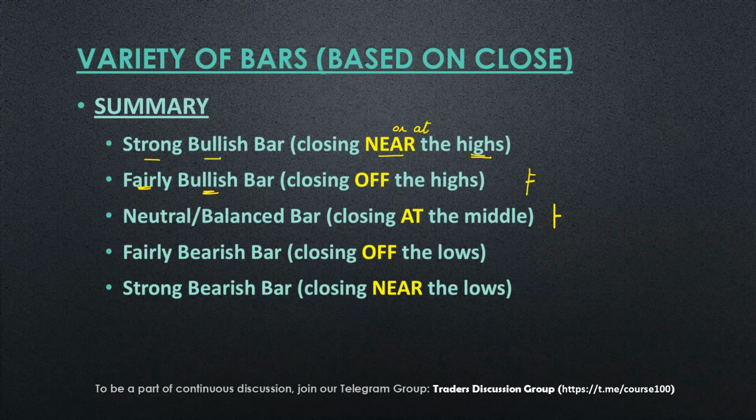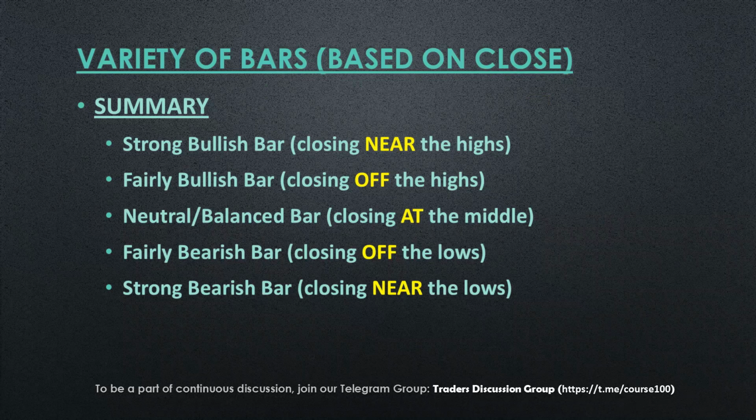Fairly bearish bars close below the middle but off the lows. And lastly, a strong bearish bar closes near the lows of the bar. These are the 5 types we will use very extensively while discussing charts based on Wyckoff. So that's your bar types based on the close.